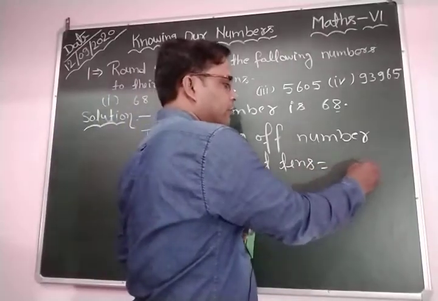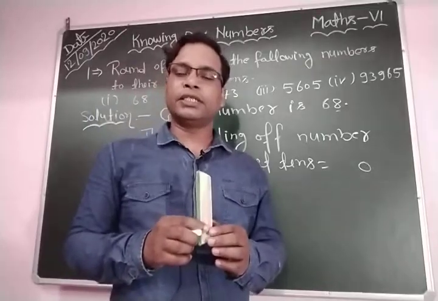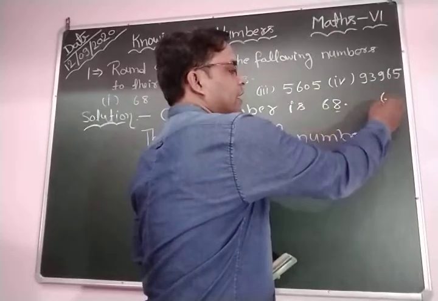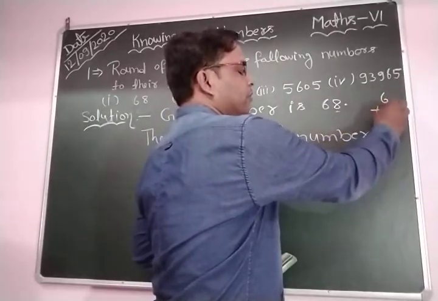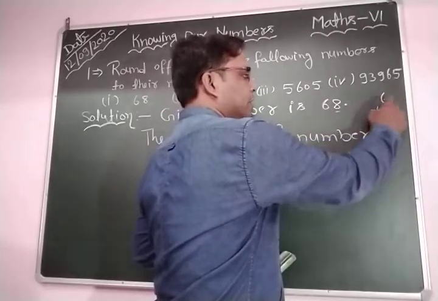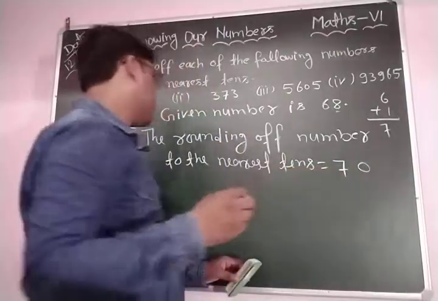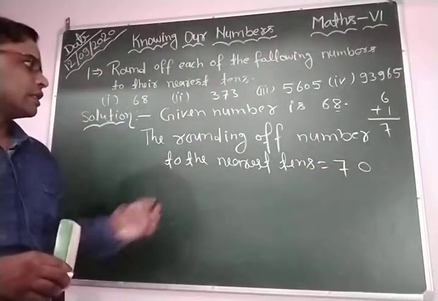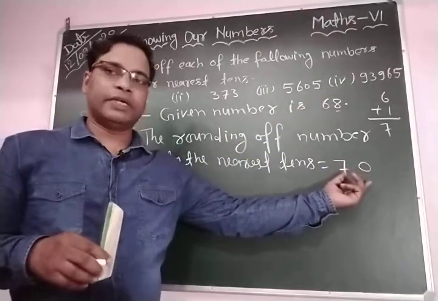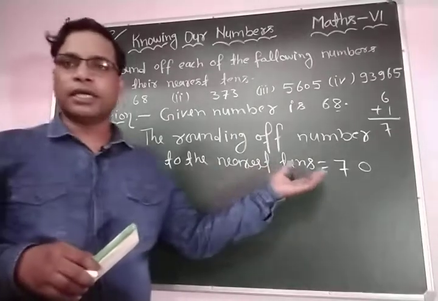We replace the unit digit by 0 and increase the tens digit by 1. The tens digit is 6, so 6 plus 1 is equal to 7, which gives 70. So if you round 68, you get 70. The rounding of the number to the nearest tens is 70.